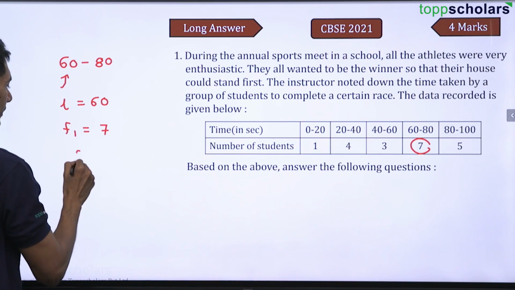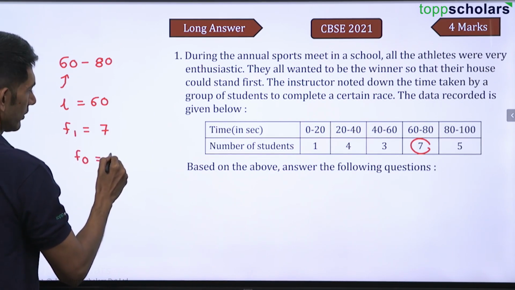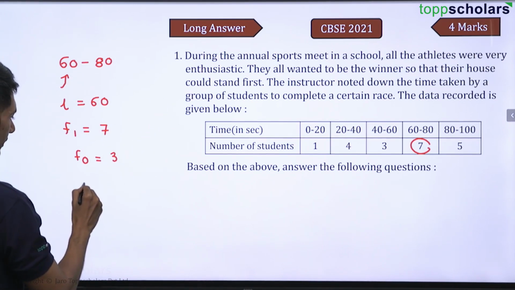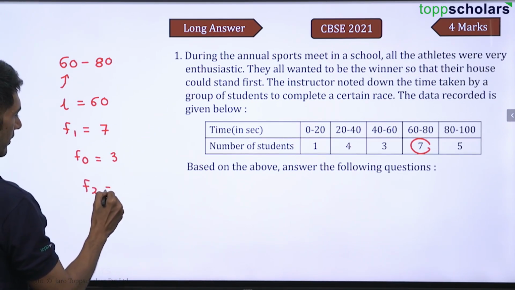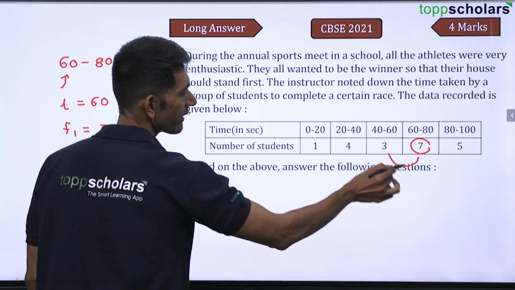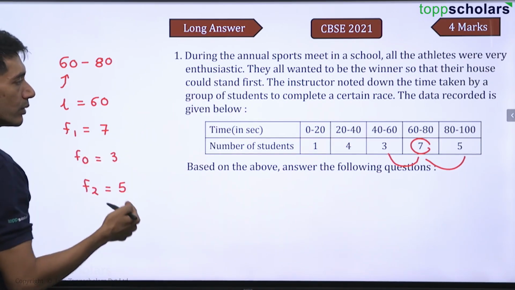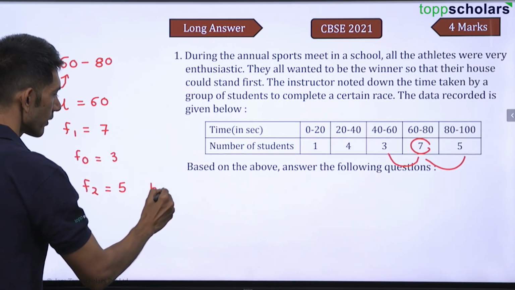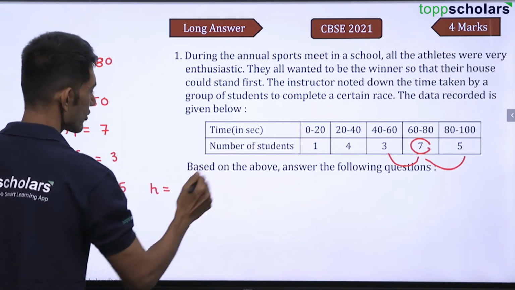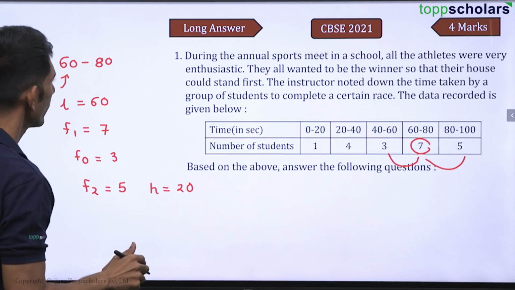Previous frequency F0 is 3. Next frequency F2 is 5. See, this is the previous F0, this is the next, F2. And what is H? This size is 20. We have all the values. Let us solve it now.